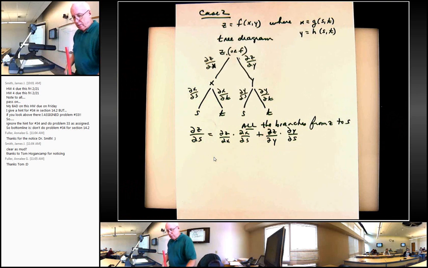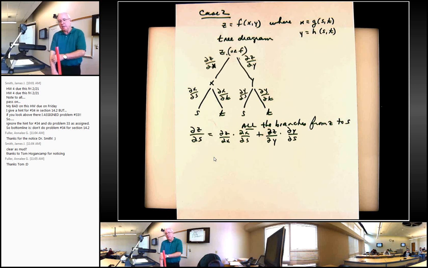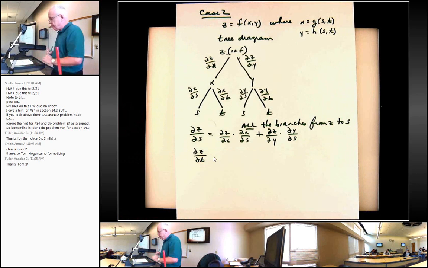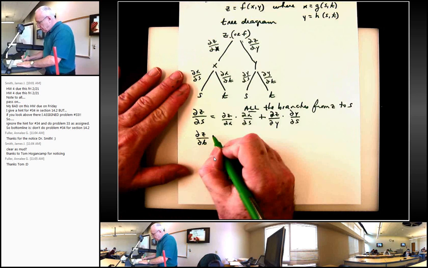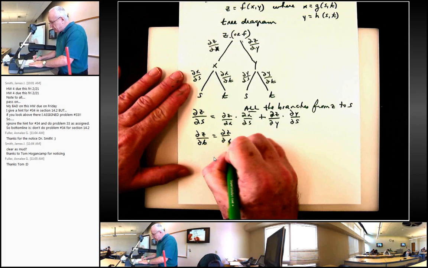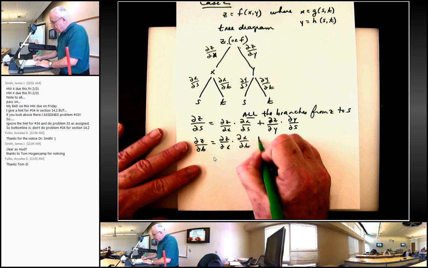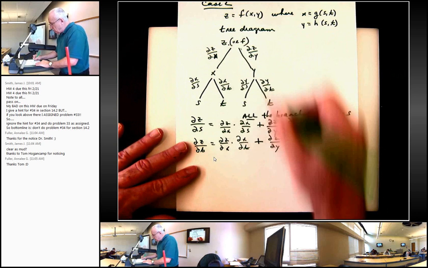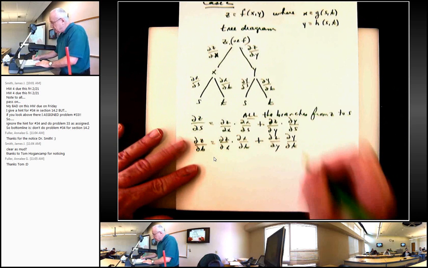And then I do the same kind of thing for delta z, delta t. This time I'm going to do all the branches from z to t. So start with z, I've got delta z, delta x. But now I follow it along this branch, delta x, delta t, plus start at the top again, delta z, delta y, and then go down that branch, delta y, delta t.